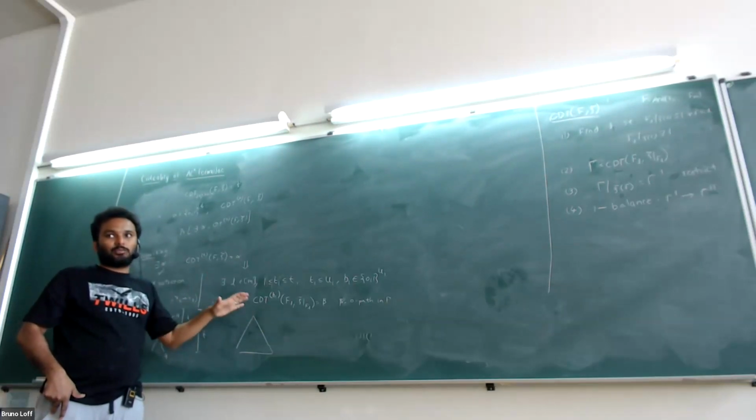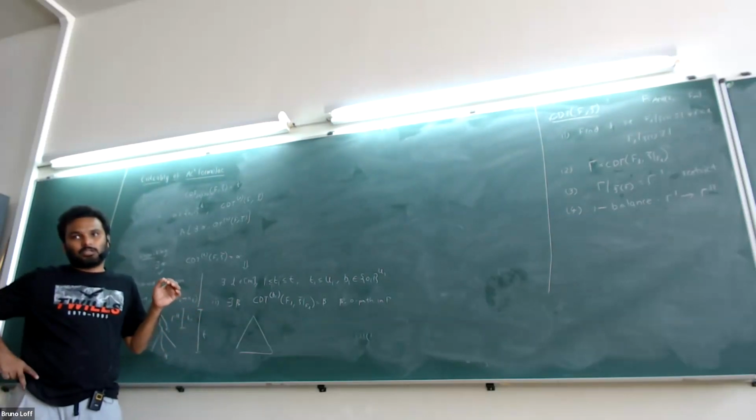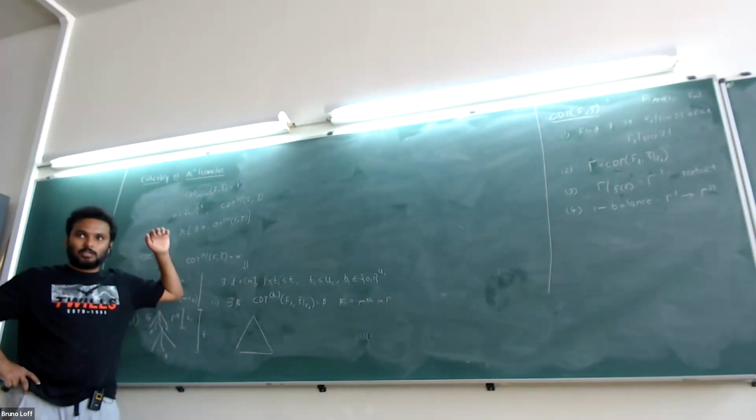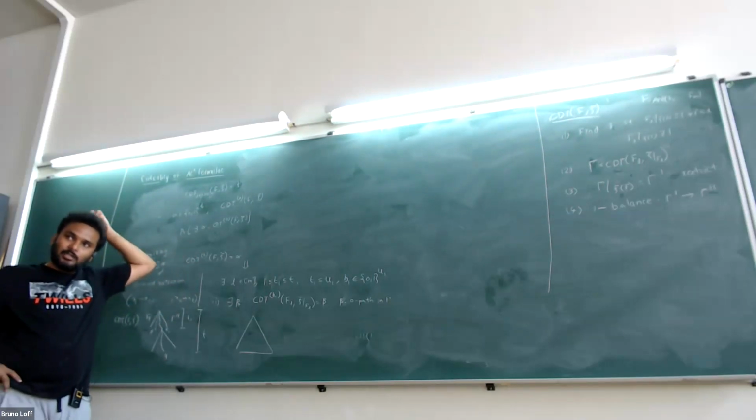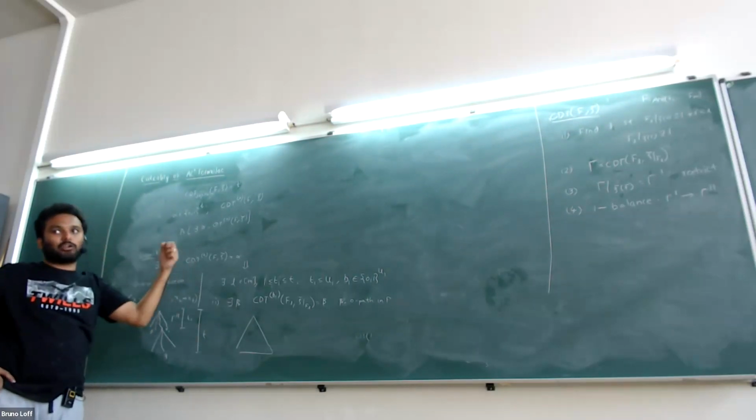Now the depth is the number of degree 2 nodes. Depth of a leaf is the number of degree 2 nodes along its path. Oh, I see. Oh, okay. I see. And degree 1 nodes you don't have to specify.